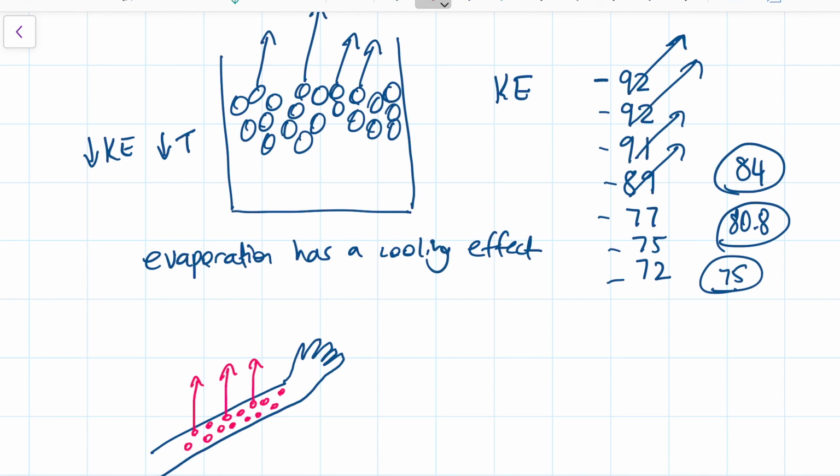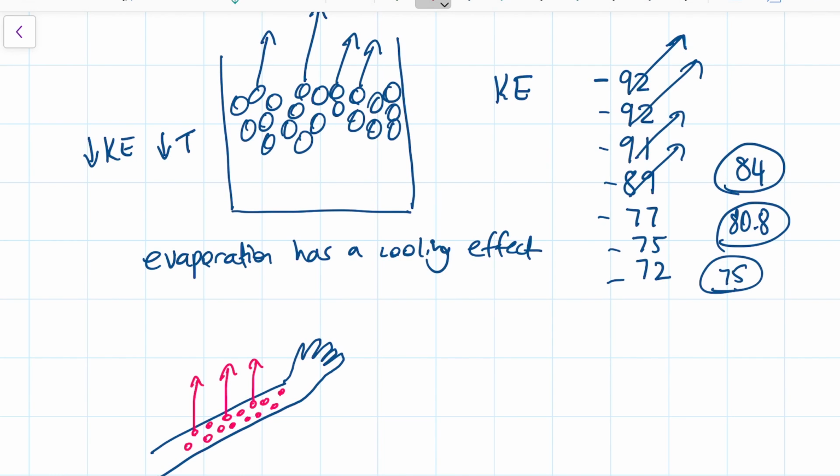If they get sufficient kinetic energy to vaporize, they can leave your skin. And then your skin is dry and you get a little bit of a chill. So why did you cool down? Well, where are they getting that energy from to leave? They're getting it from the temperature in your skin. So they're converting heat energy to kinetic energy, and then they're leaving. And that's why you get the chills when something evaporates.